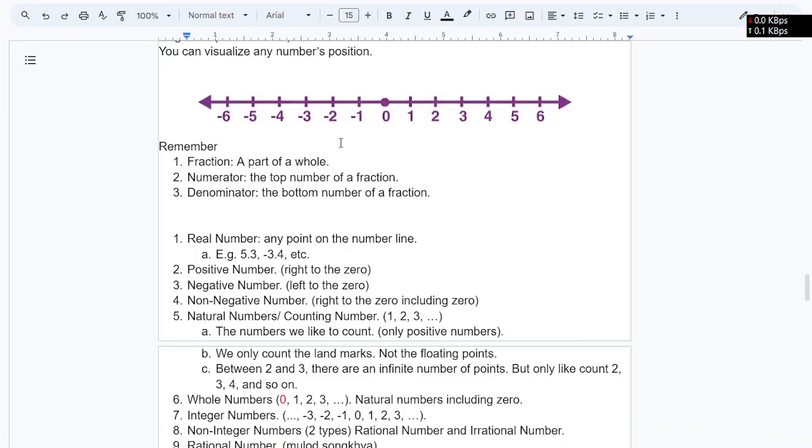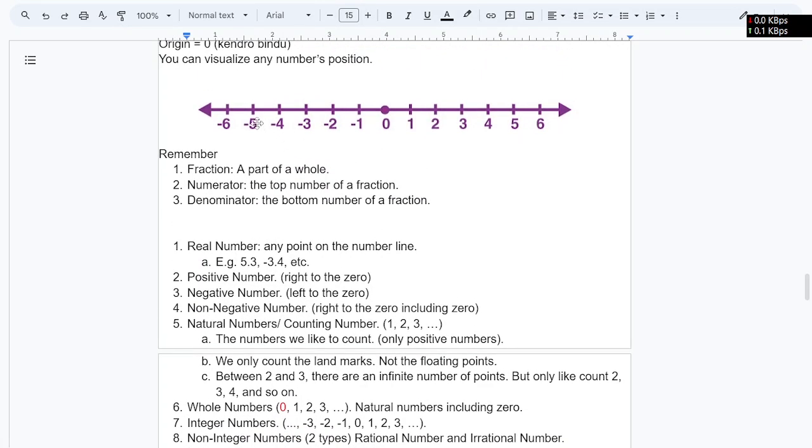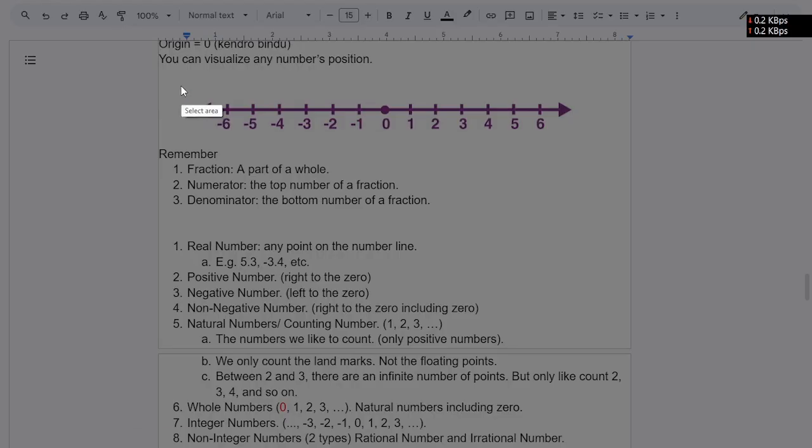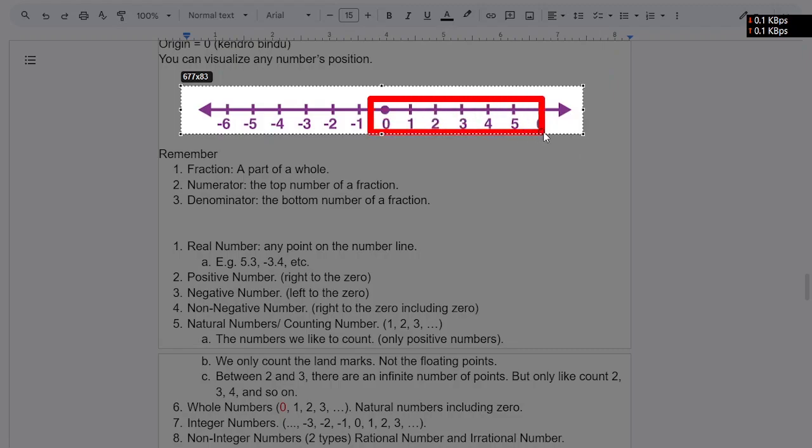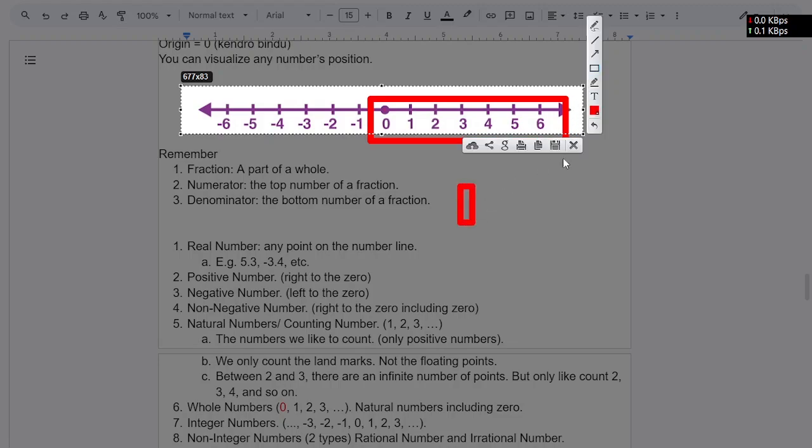So if we include all the negative numbers with these whole numbers, they are called integers. Integer numbers are without any decimal point. For example, 1.2 is not an integer.